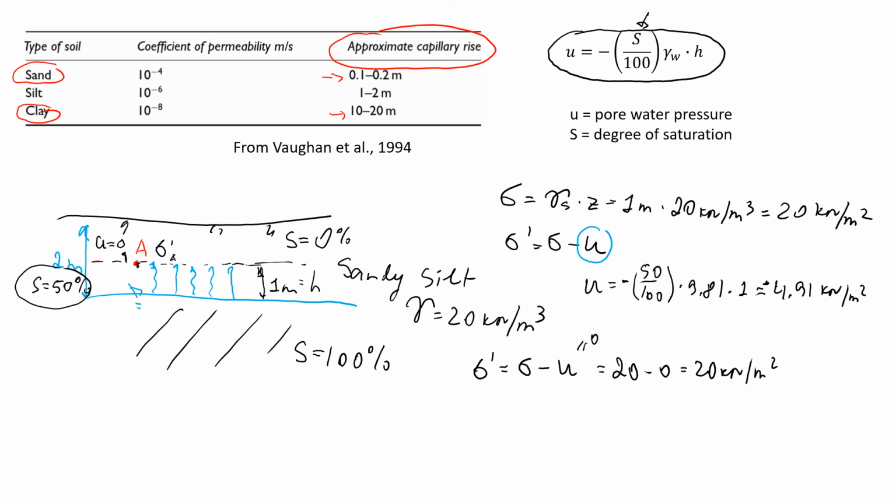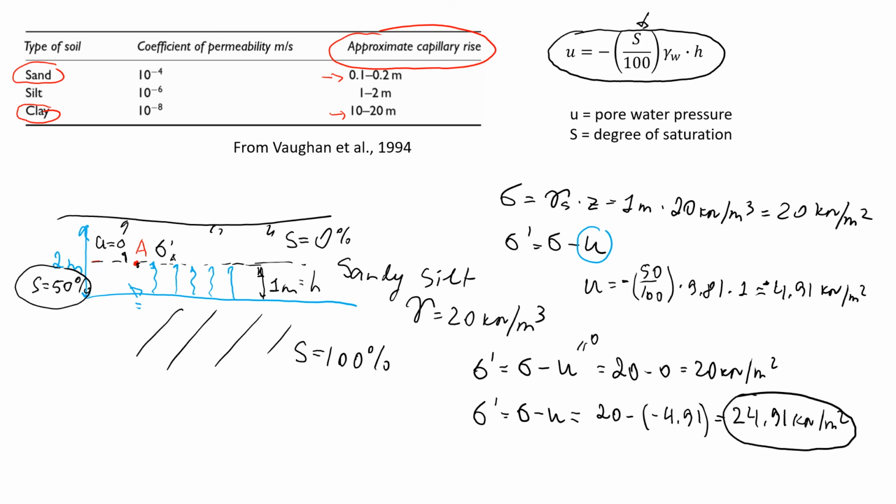And now let's find the effective stress at point A immediately below the point A. It will be the same thing, total stress minus pore water pressure, but in this case the pore water pressure is negative 4.91, so that will give us approximately 24.91 kilonewtons per square meter. You will see that the effective stress increases due to the capillary rise, and this is actually very good for the soil because it will make it stronger.